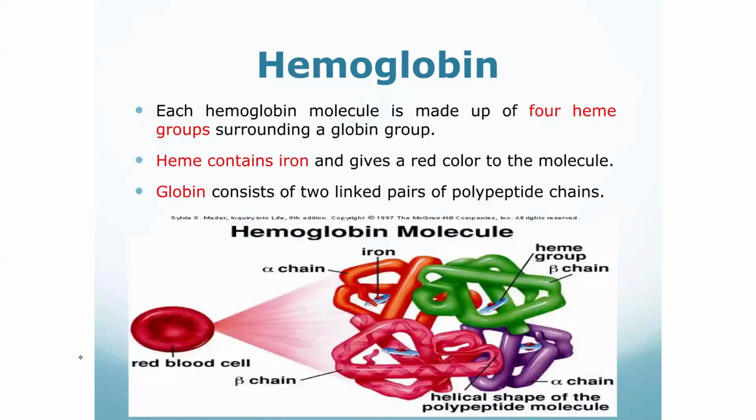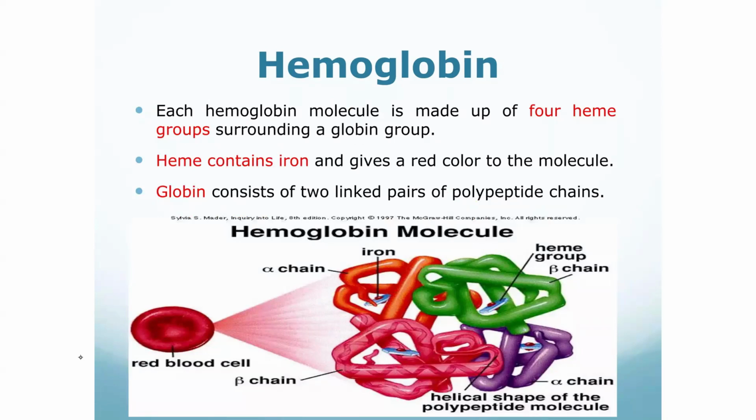Each hemoglobin molecule is made of four heme surrounded by a globin. So there are four heme and it is surrounded by globin, and the globin consists of two linked pairs. So in the hemoglobin, we have a heme component and we have globin.